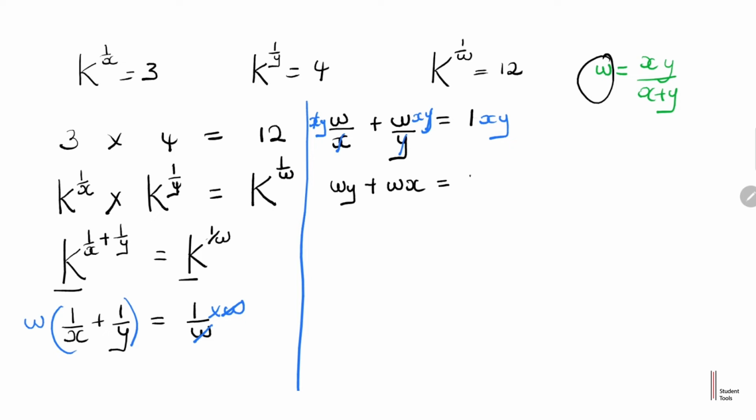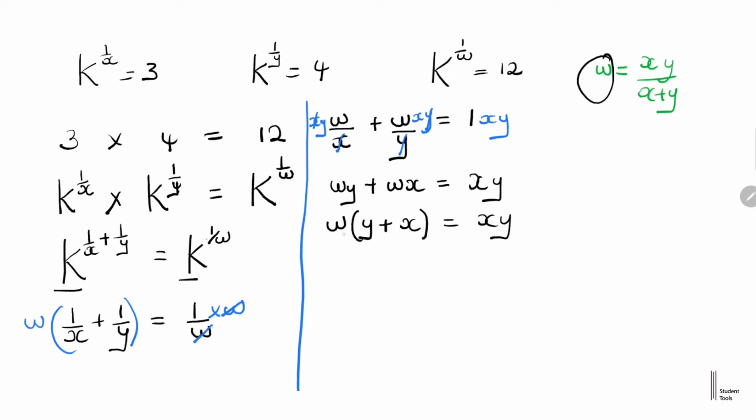So we have xy over here. And now we have wy plus wx equal to xy. So remember, we want to make w the subject. So we will factor out w here, and here we will have y plus x, close bracket, equal to xy.